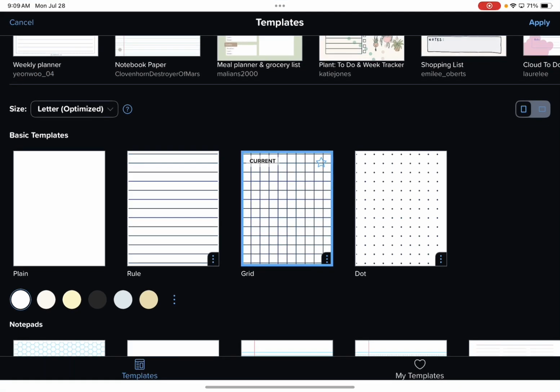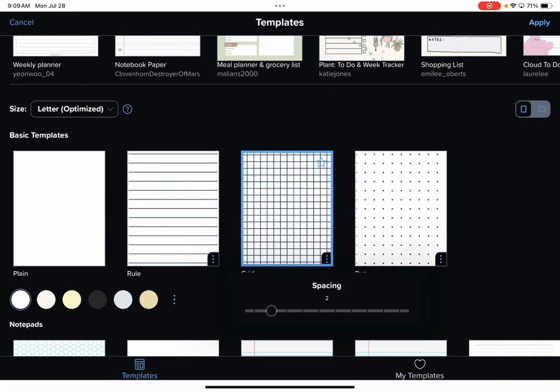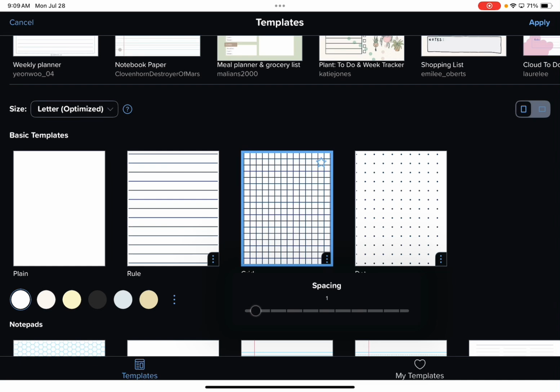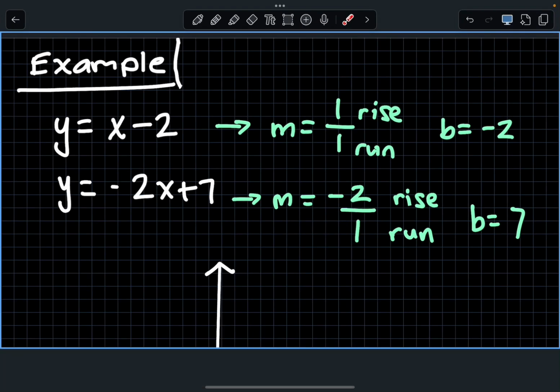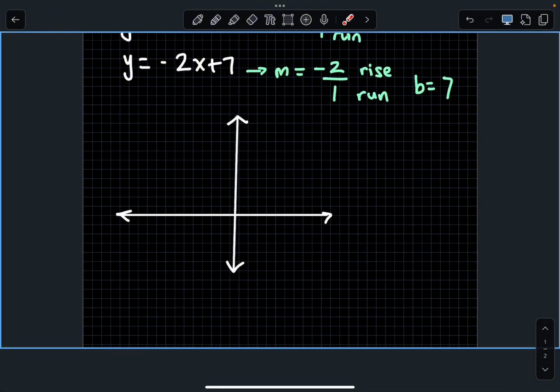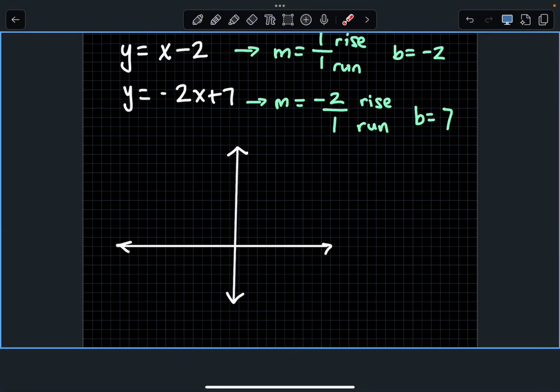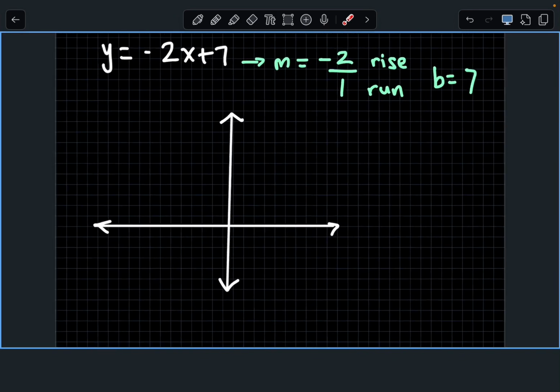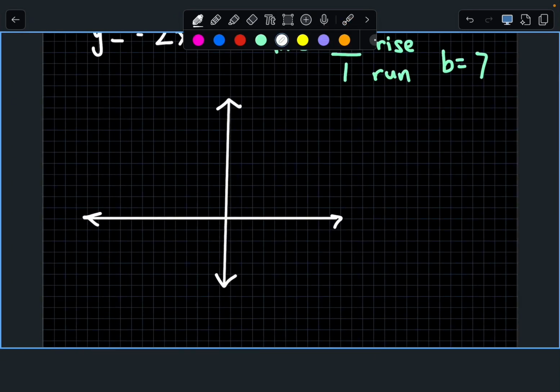Okay, the one thing I do want is, how do I make it so that the... let me try that. That's better. All right. So we're going to graph x minus 2, and I'll do that one in green. So x minus 2, that means we're going to start here at negative 2, which is down here, and then with the rise and run of 1, it's 1 over 1.